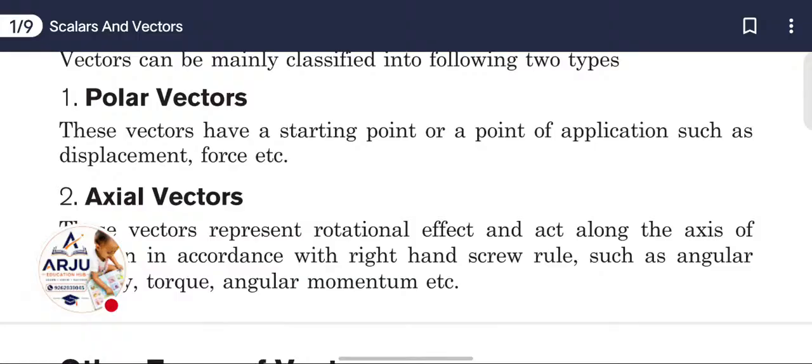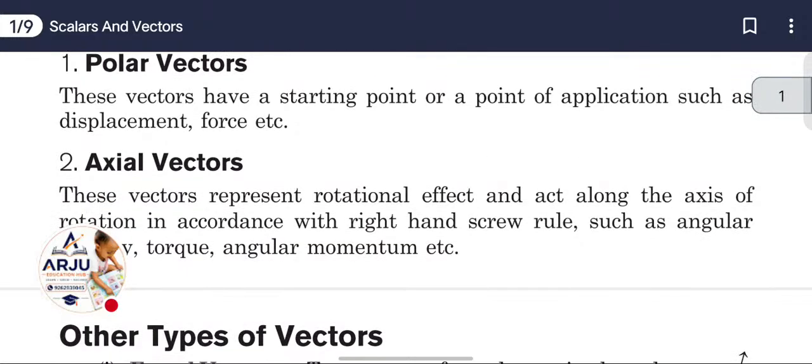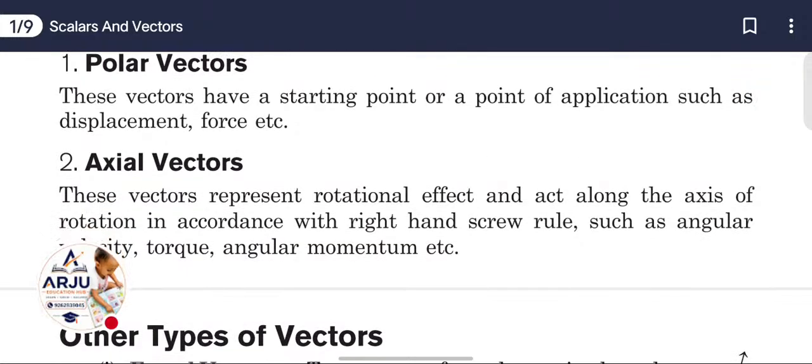Polar vectors are those vectors which have a starting point or a point of application, such as displacement and force. So from the initial point we are applying the force.